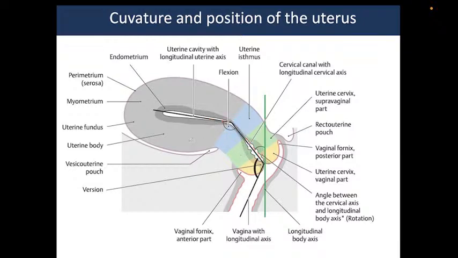Then you take notice that all the uterus is flexed or located anteriorly, like it is close to the anterior wall of the abdominal cavity, and this process we call anteversio.